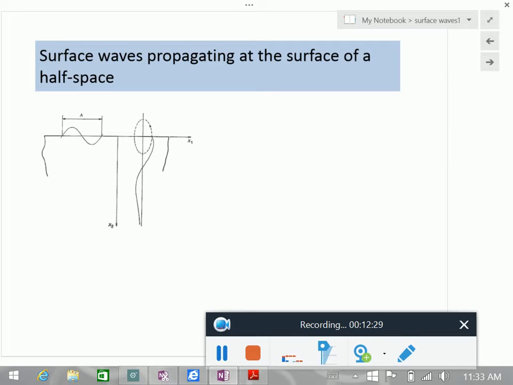So let's first talk about why this is called Rayleigh. Any ideas? So it turns out that a guy called Lord Rayleigh in 1887 basically understood that near the surface we have motion which remains near the surface, and whenever we have a free surface we have these kinds of waves.